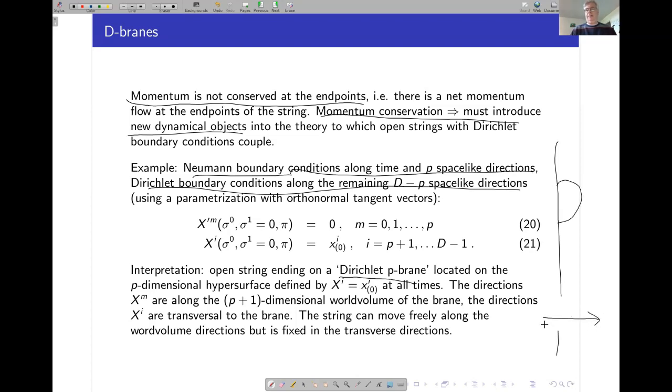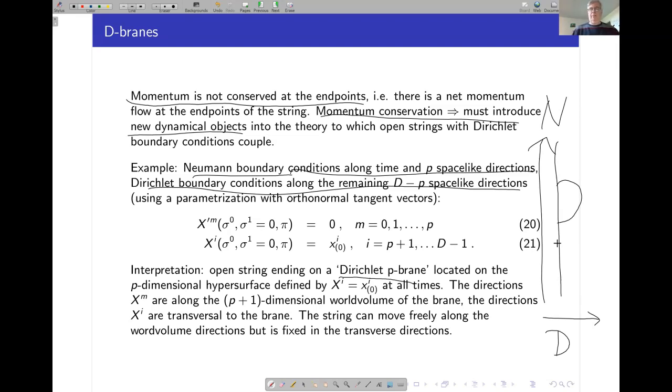These are the Dirichlet boundary conditions, in which directions the open string cannot move, and these are the Neumann boundary conditions where the string can move. So the string can move freely as long as its ends are attached to this p-dimensional surface called a Dirichlet p-brane.